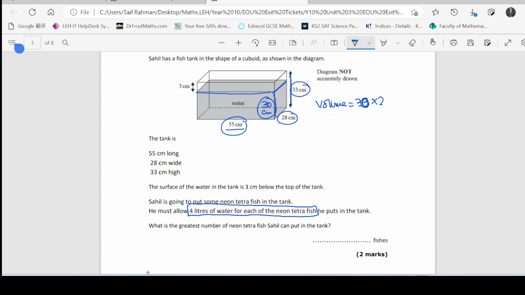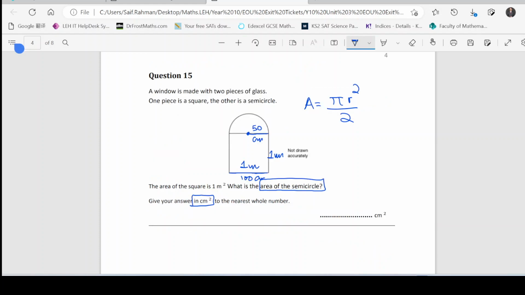centimeters. So the area of a circle is pi times r square, and since this is a semicircle, we have to divide it by 2. So that gives us pi times radius 50 square, divided by 2.